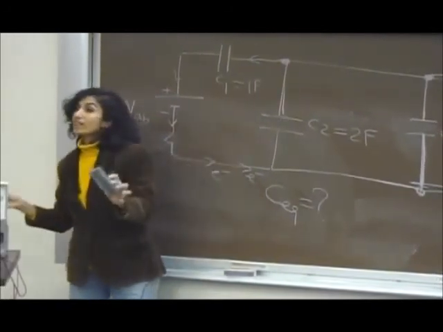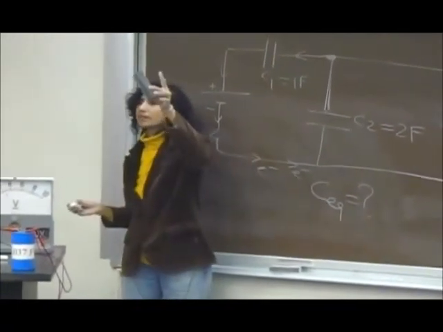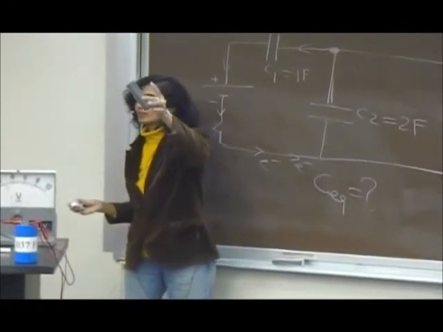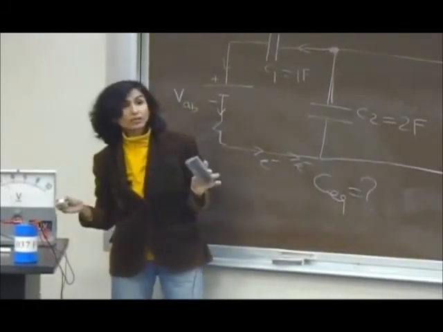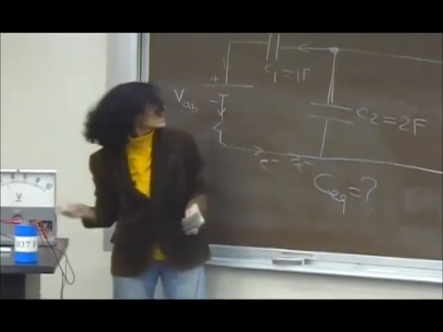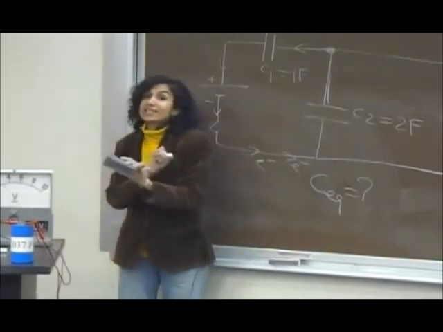Also, they're not even in parallel. Why are C1 and C2 not in parallel? Anybody? One easy way to recognize that they will have the same potential difference across them, that means they are parallel, is to see whether there are two ends meeting at a junction and there's nothing else in between.